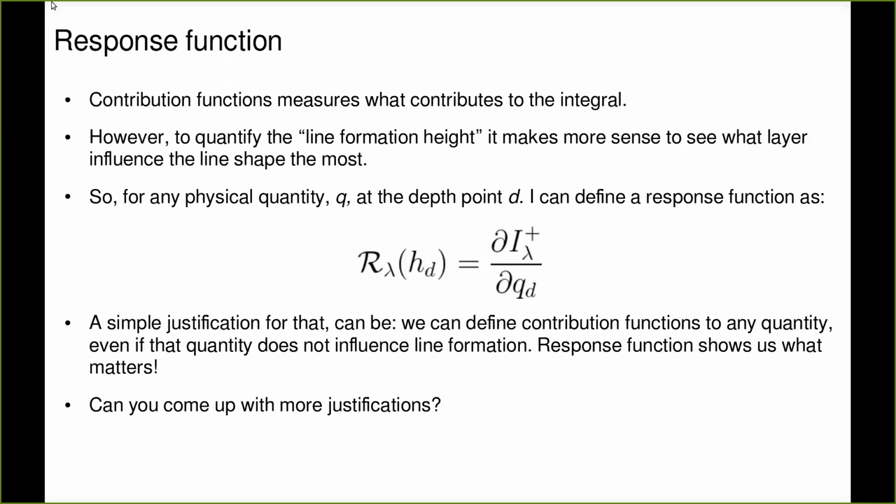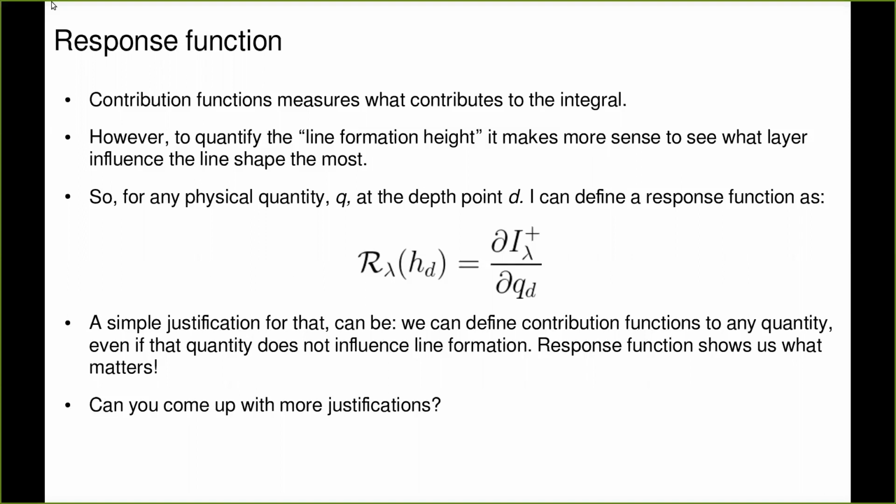So the contribution function was basically the measurement of how much each part of the atmosphere could contribute to the outgoing intensity. However, the argument for the response functions is that it's not just that that matters. It matters which region of the atmosphere your outgoing intensity is most sensitive to. Okay?